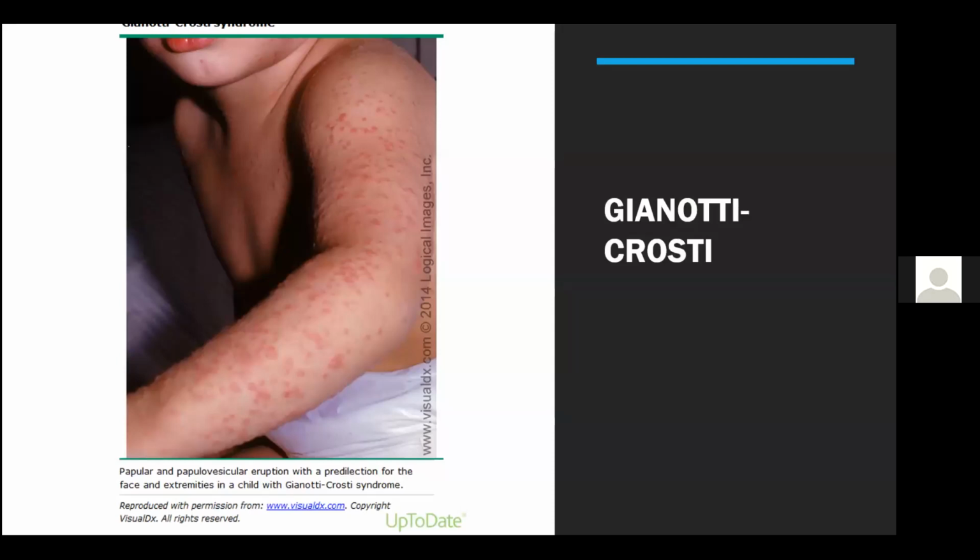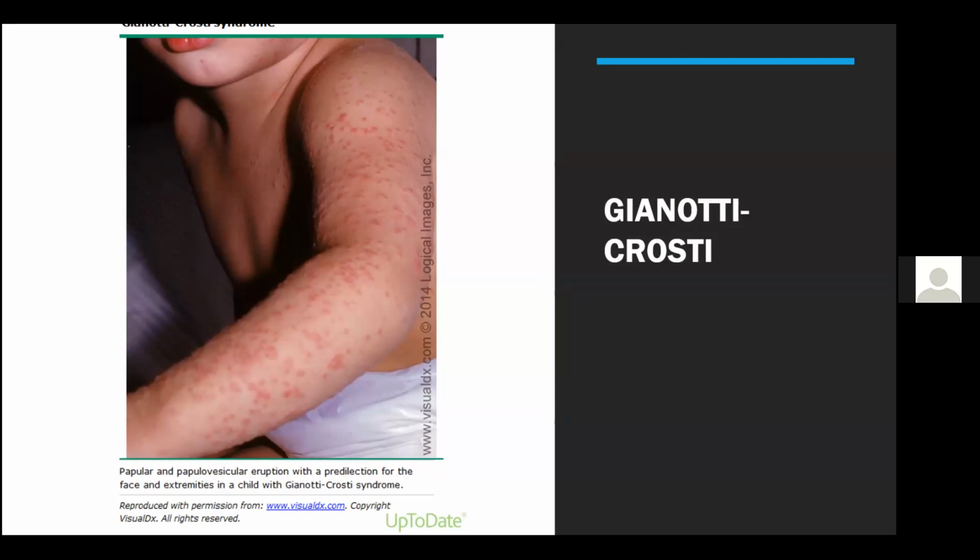Gianotti-Crosti syndrome is also known as papular acrodermatitis, and it's a self-limited skin disorder that most often occurs in young children. Viral infections, and especially hepatitis B, are common precipitating factors. It typically manifests as a symmetric papular eruption.